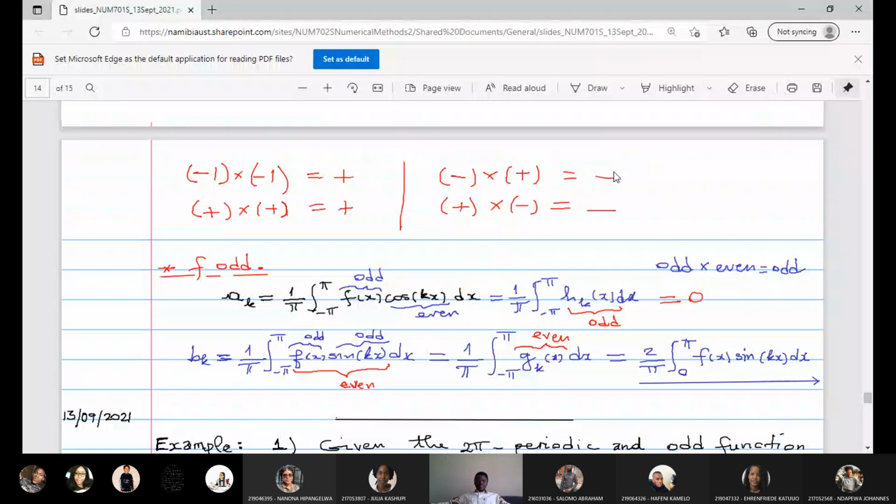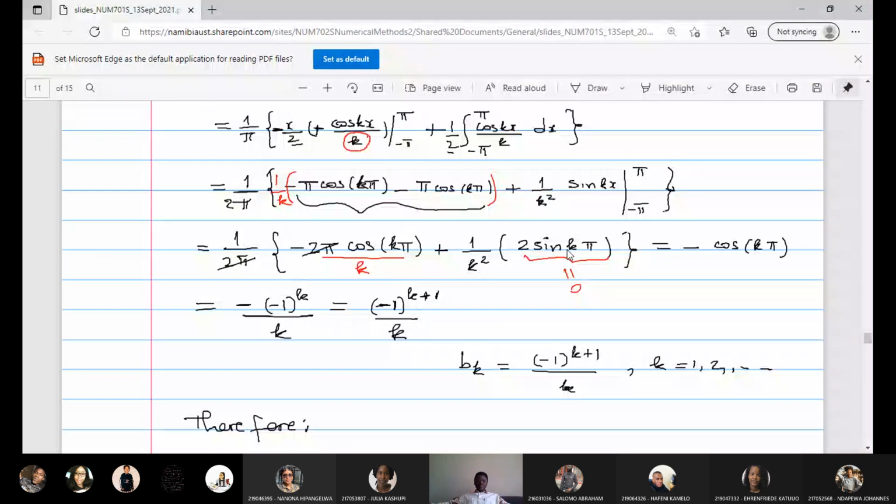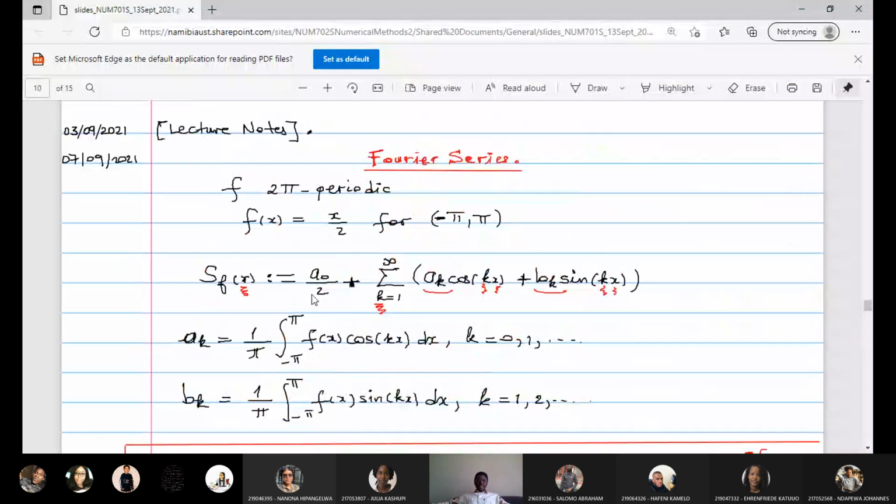This is the expression here. This is S sub f of x, that is the Fourier series of the function f, right? By definition, this is the general formula. The general formula that you can write for an arbitrary function is this one.